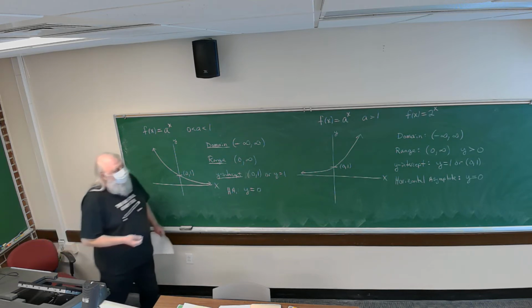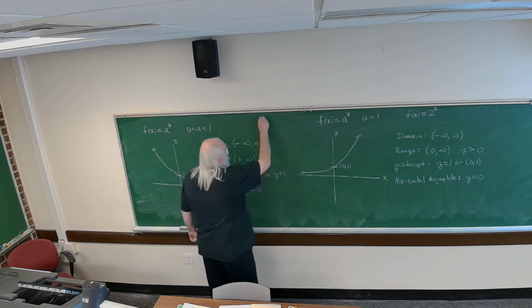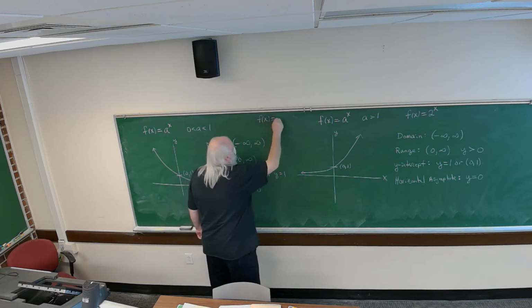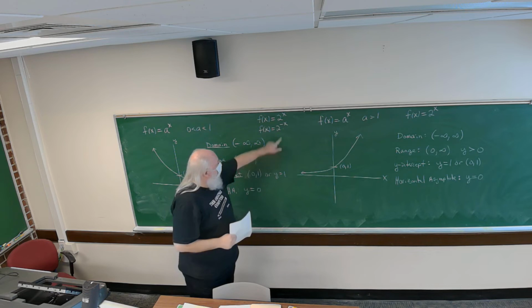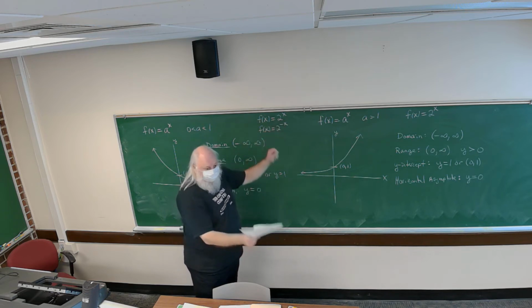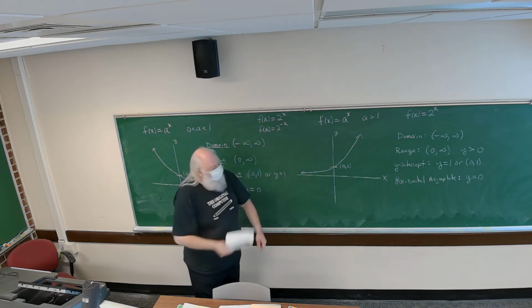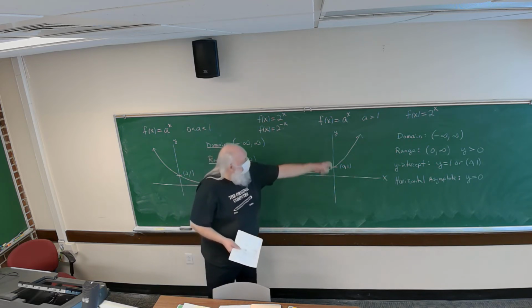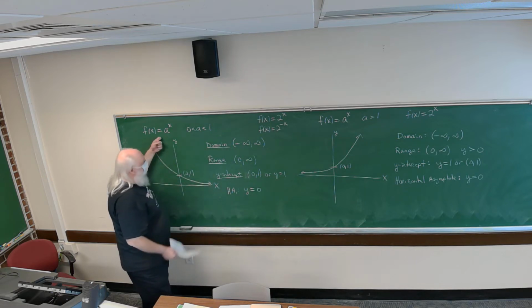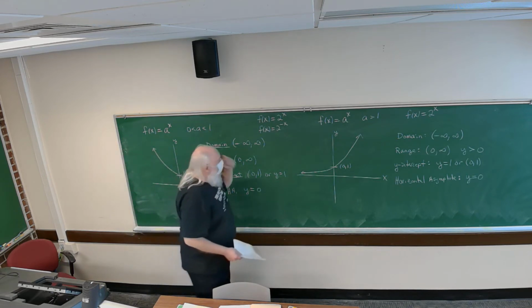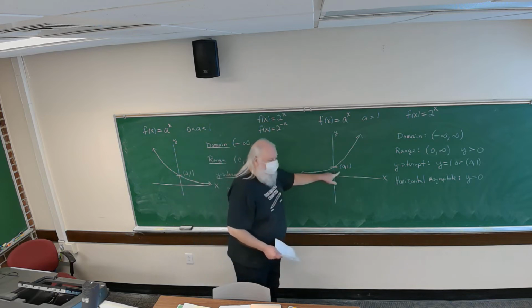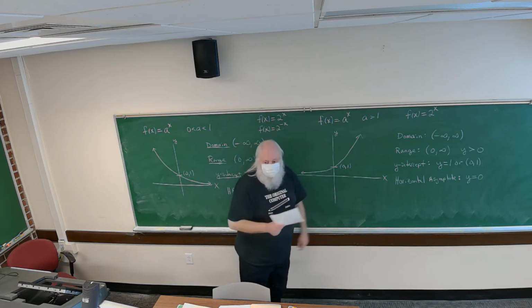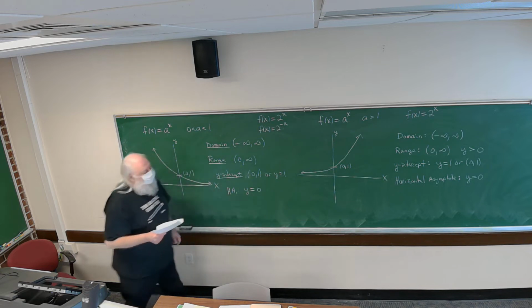Remember last Friday when we graphed f of x equals 2 to the x, and then at the top of the page we graphed f of x equals 2 to the minus x. We said the graph of 2 to the minus x was the graph of 2 to the x just flipped around the y-axis. That's what's happening here. The difference between the graph when a is greater than 1 and when a is between 0 and 1 is that this graph over here is this graph over here just flipped around the y-axis.